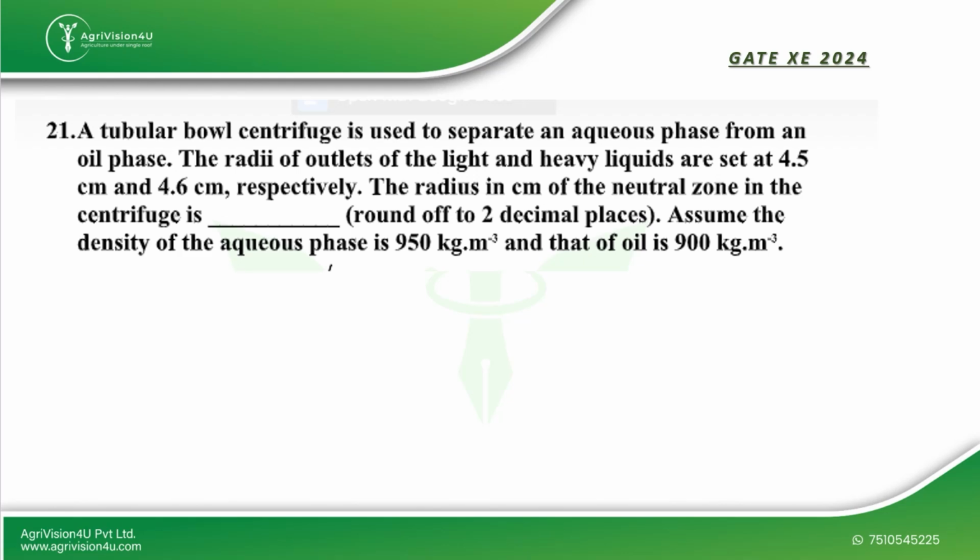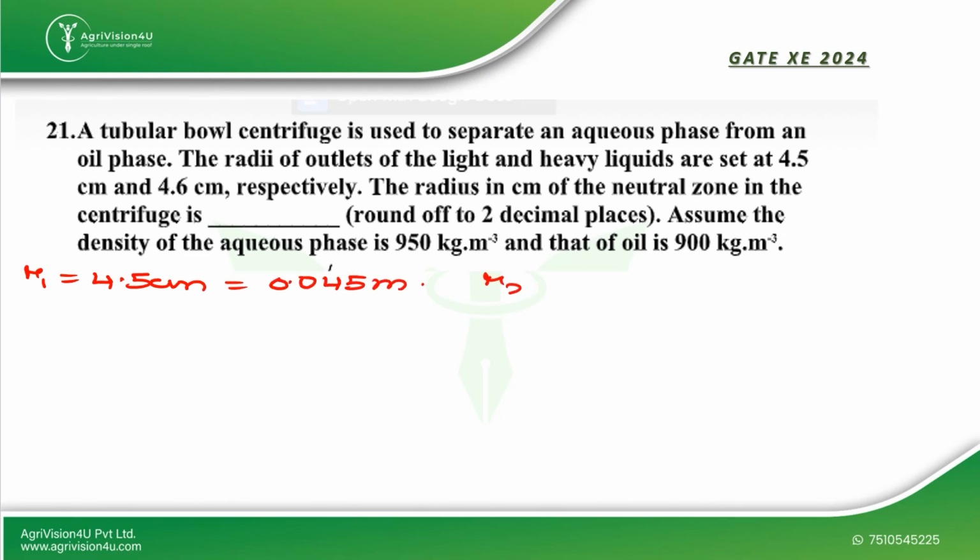So question number 21, a tubular bowl centrifuge is used to separate an aqueous phase from an oil phase. The radii of outlets of the light and heavy liquids are set at 4.5 centimeter, that is R1 = 0.045 meter.